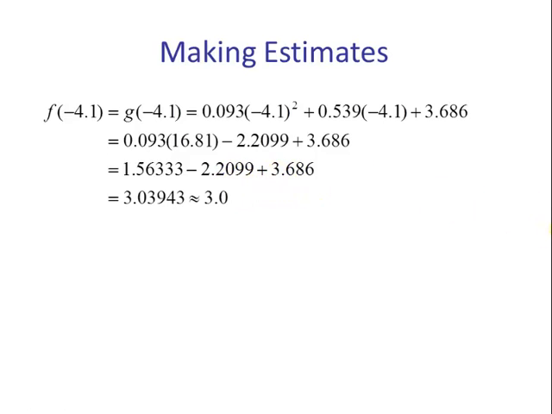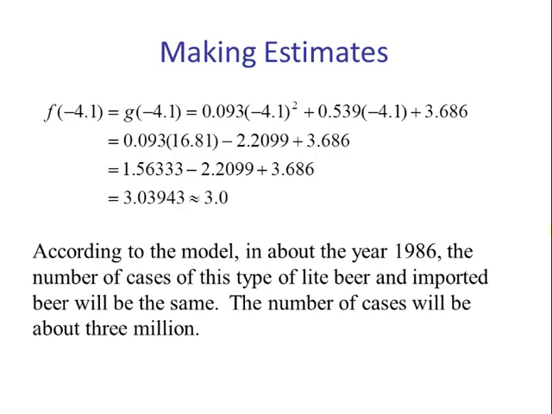And we see for the year -4.1, the number of cases of beer is approximately 3 million. So we would say, according to the model, in about the year 1996, the number of cases of light beer and imported beer will be the same. The number of cases will be about 3 million.